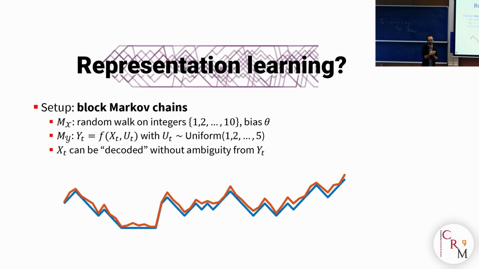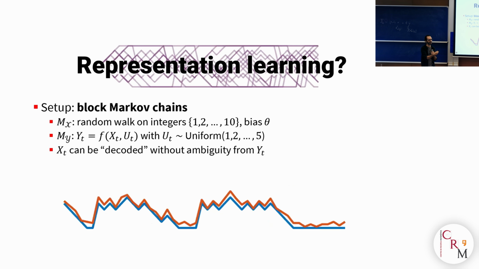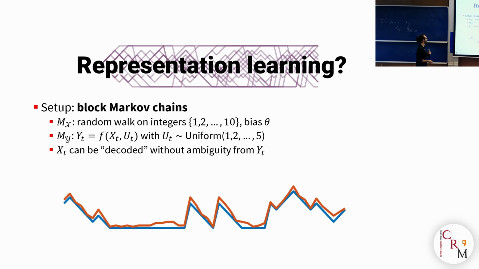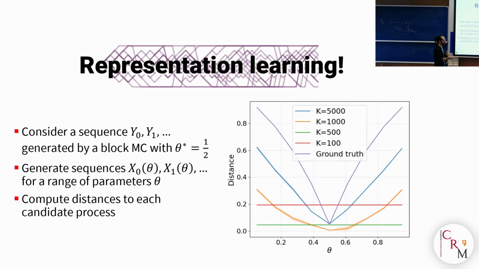And you see that these two processes should be similar, right? And they should be classified as similar by my distance. And Xt in particular can be decoded without any ambiguity from Yt. So we did this little experiment of just generating a bunch of samples from different Mx processes.